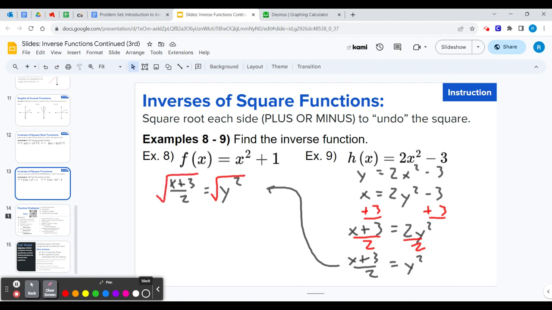What that gives me is, and we want to make sure we take the plus or minus the square root of x plus 3 over 2 equals y. And so that means our inverse function h of x equals plus or minus the square root of x plus 3 over 2.